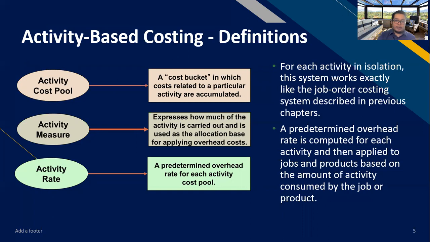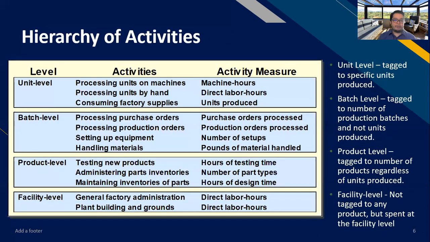What are some examples of activities or hierarchy of activities? There are usually four hierarchies of activities when we talk about activity-based costing: unit level, batch level, product level, and facility level. Unit level activities are activities that are tagged to specific units produced.